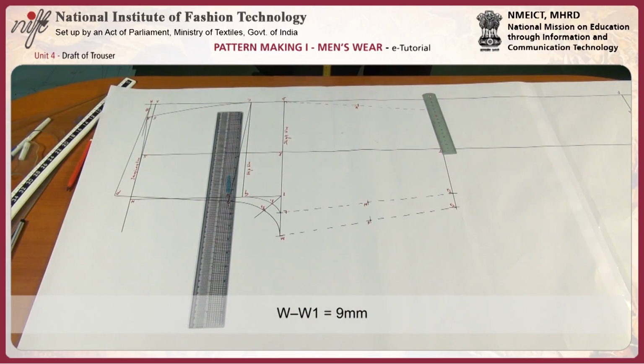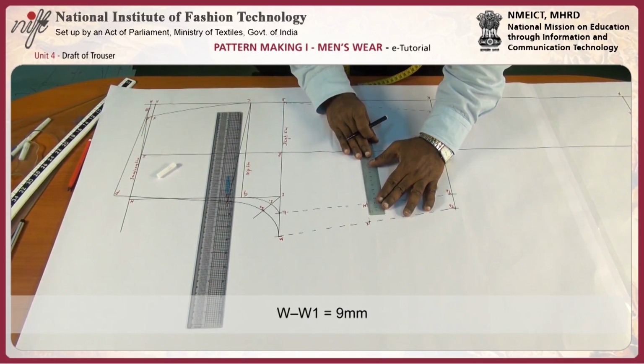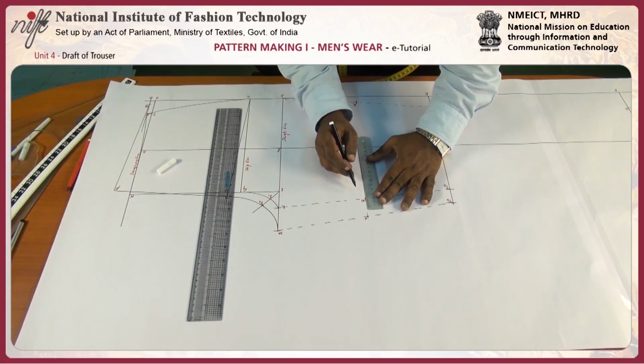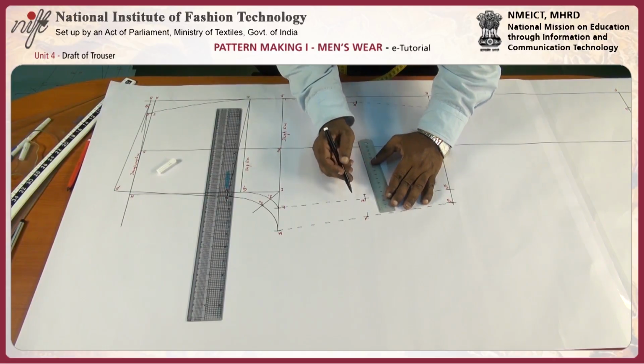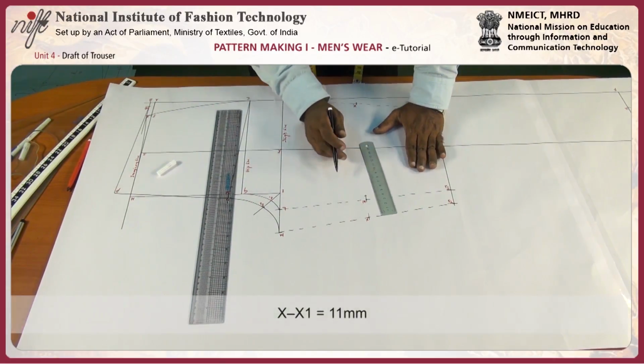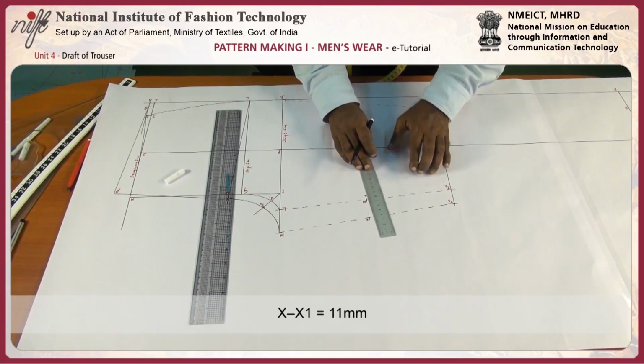V2, V1 3 millimeter. W2, W1 9 millimeter. X2, X1 11 millimeter.